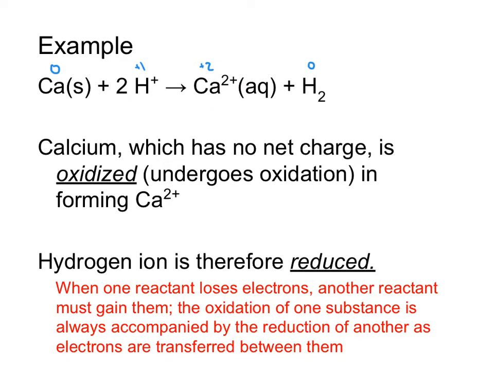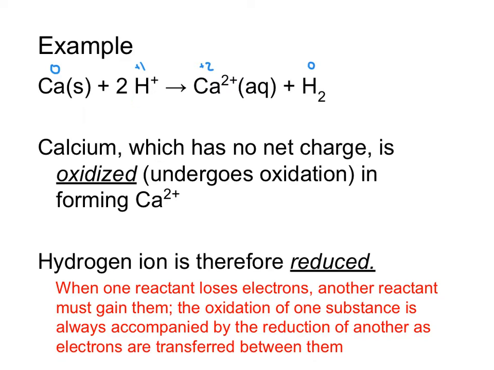It had to lose electrons, remember electrons are negatively charged, to go from a 0 to a +2. Likewise, hydrogen, going from a +1 to a 0, had to have gained electrons. It is becoming less positive or more negative, either way you want to look at it.